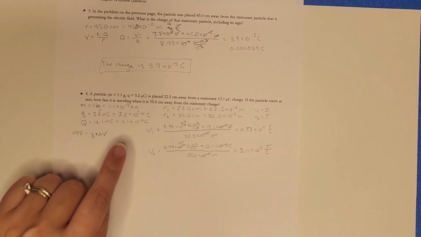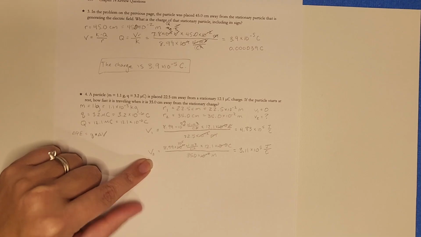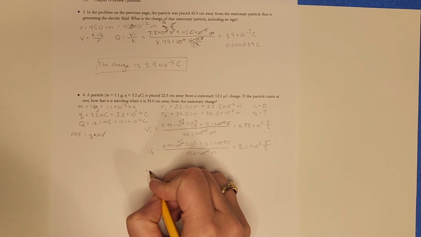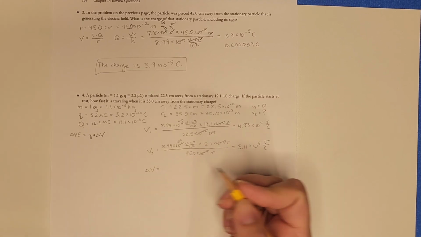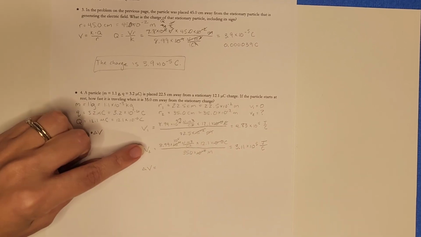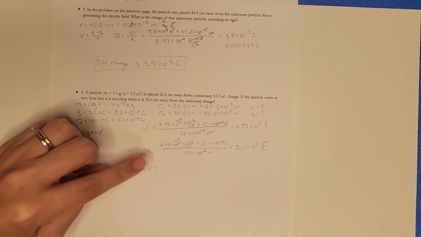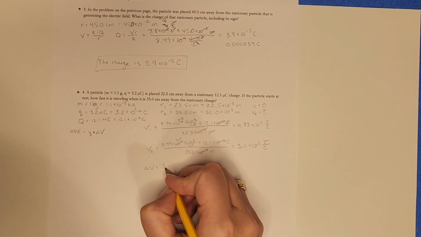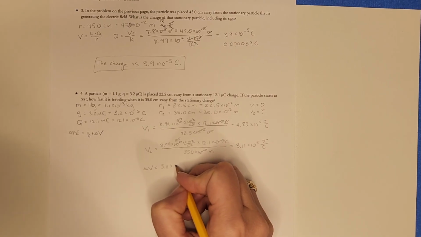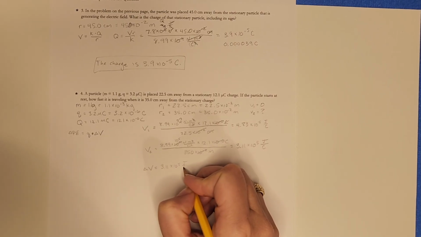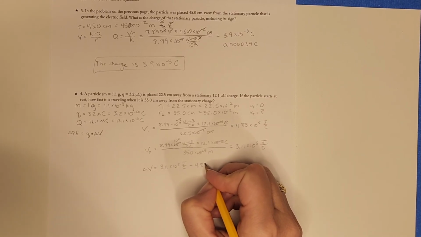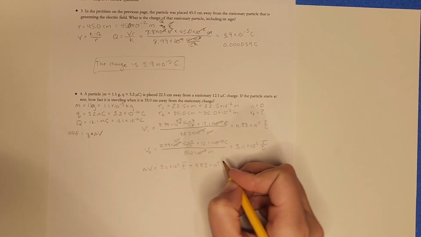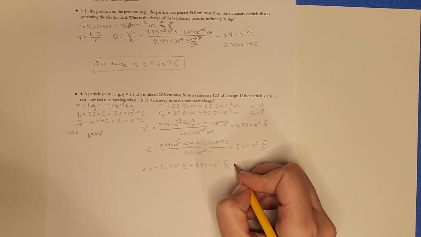So now we have our first and second voltage, and we can determine our change in voltage or electric potential. Remember, when we determine a change, it's always the end value minus the beginning value. So it's going to be 3.11 times 10 to the 5th joules per coulomb minus 4.83 times 10 to the 5th joules per coulomb.